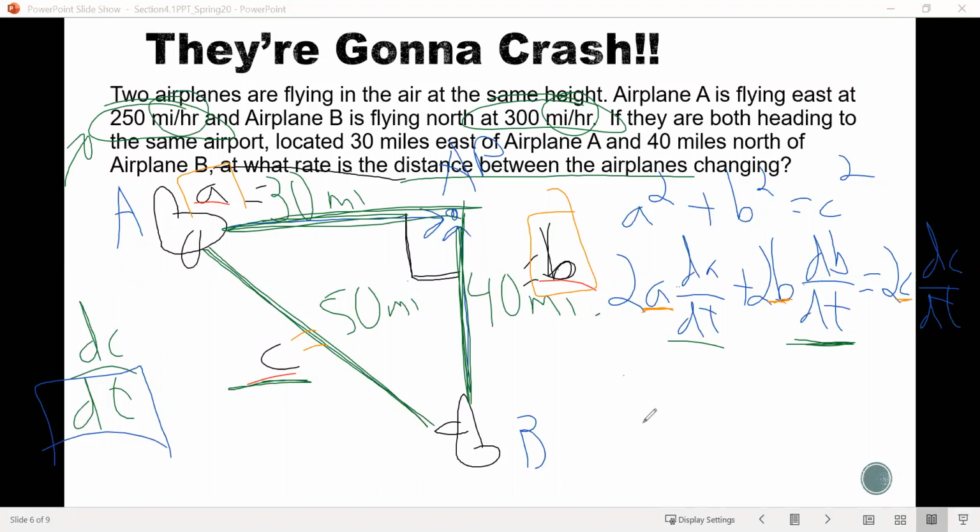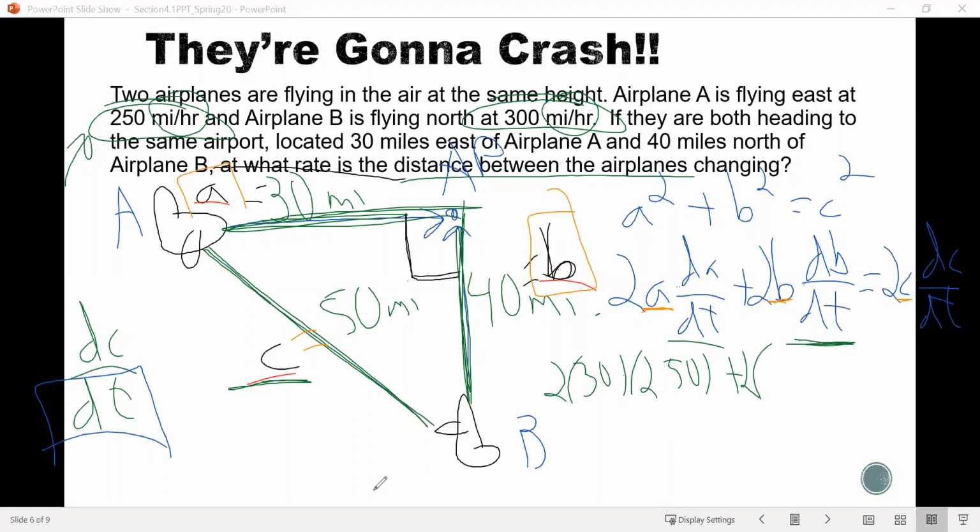So with all that information, we can go ahead and plug in our values. So we'll have 2 times 30 times the value for dA dt, which is, what was that again? Oh yeah, 250, plus 2 times the value for B, which is 40, times dB dt, which is 300, equals, and darn it, again, I ran out of room, and this is probably hard to read anyways.